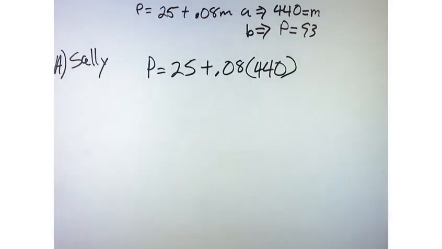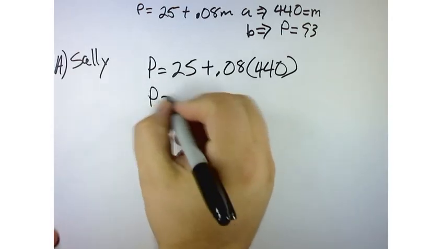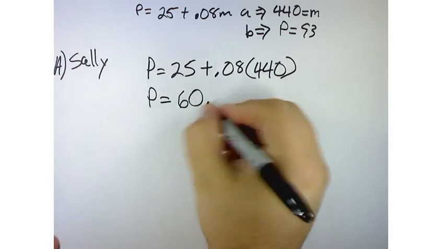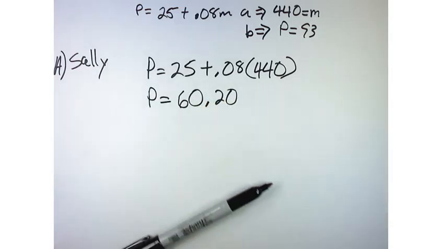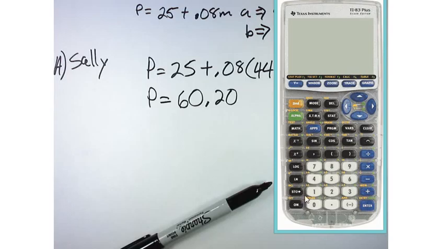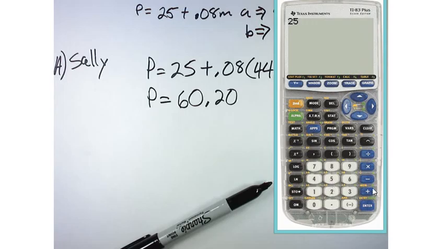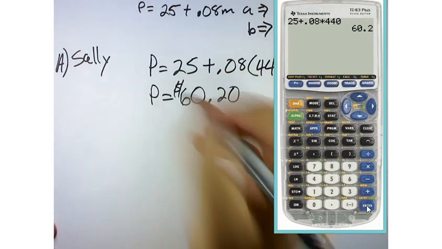If we multiply that out in the calculator, we'll get $60.20. Well, that's what the textbook says, and sometimes textbooks make mistakes, so I'm going to plug this in just to make sure. 25 plus 0.08 times 440. Yep, $60.20. Boom.